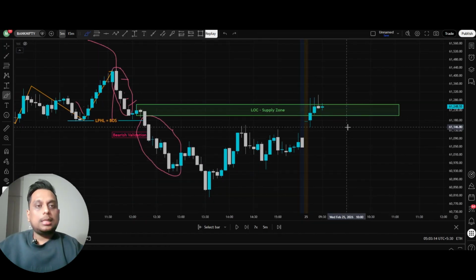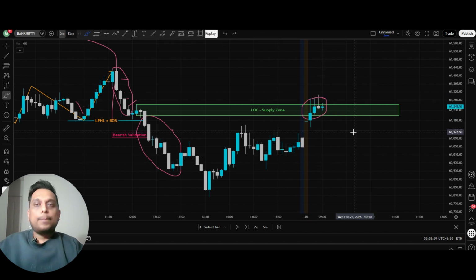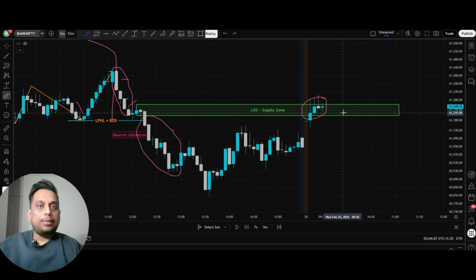Now we see that the market is retesting our supply zone, but we are not going to enter from here right away because the market has entered our level and we see some upper wicks. Yes, you can definitely enter here, but that would be a risky and aggressive entry. So keep that in mind. In my first video, I talked about 3 types of entry models at retest. So also go and check that out if you haven't already.